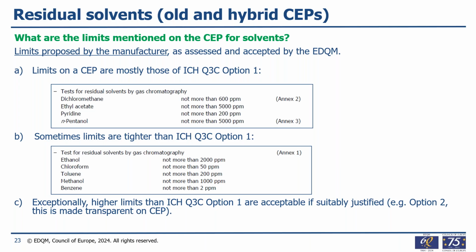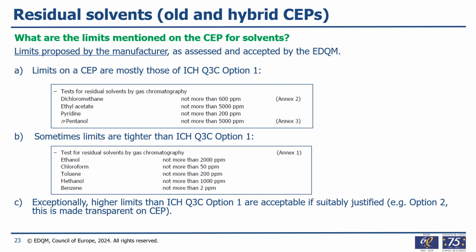The most common three scenarios for limiting the solvents on the CEP. The most common scenario is when the solvents are limited on the CEP in line with the option 1 limit of ICH Q3C.